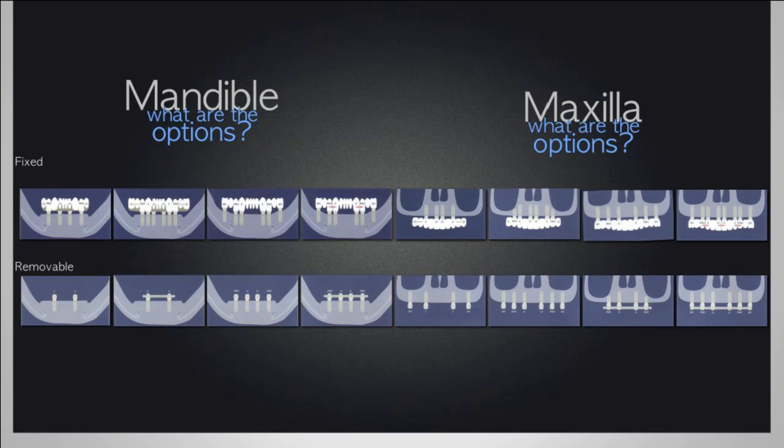The guidance on how many implants can be found in the ITI plan, which shows how many implants you need for the maxilla and the mandible and allows you to plan effectively.